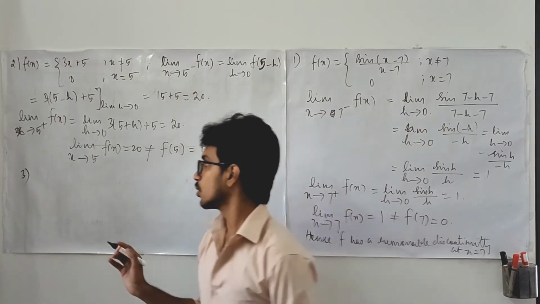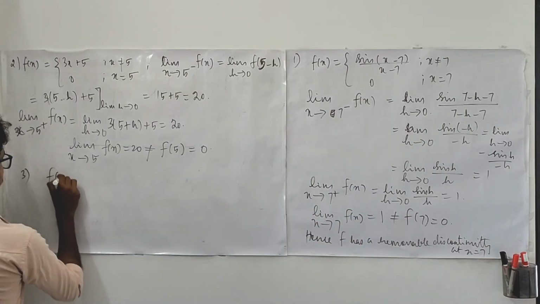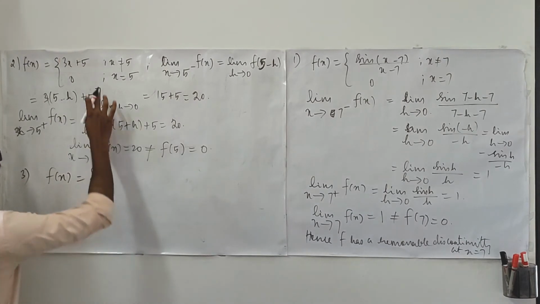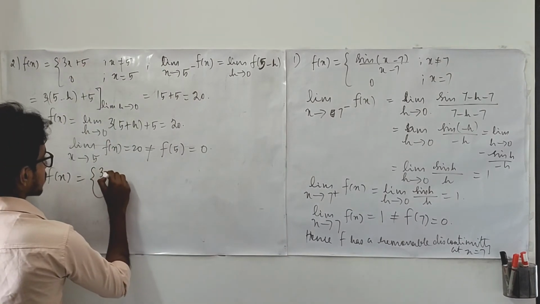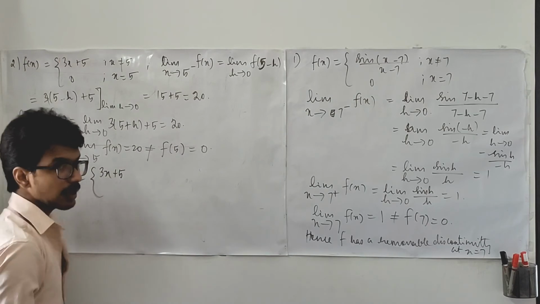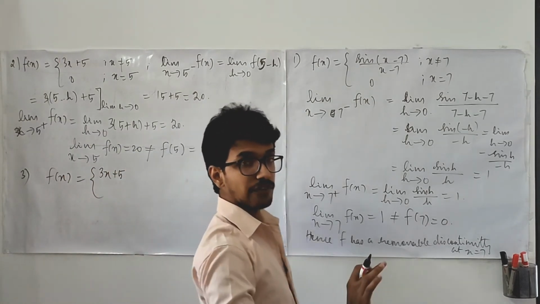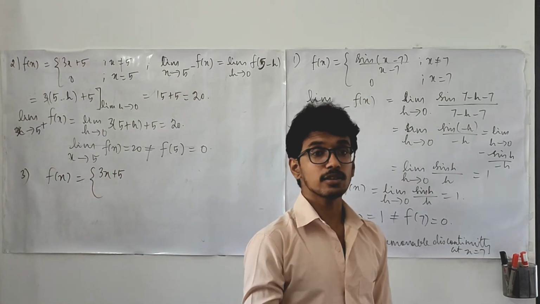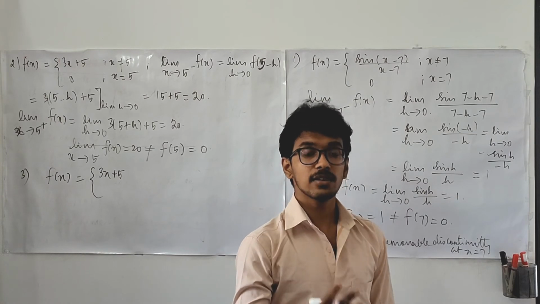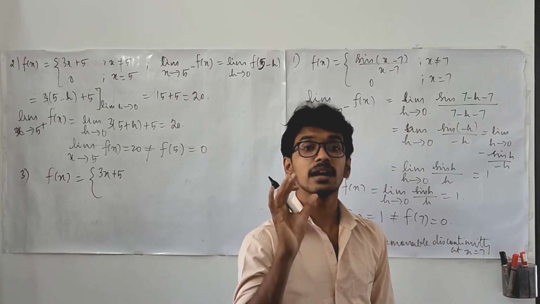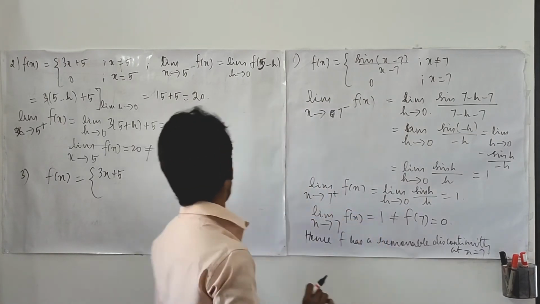So consider a function, let me take 3x plus 5 itself. You are asked to find a function which has removable discontinuity at 5 different points.